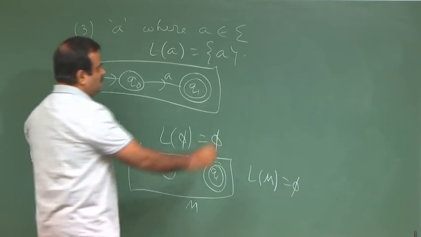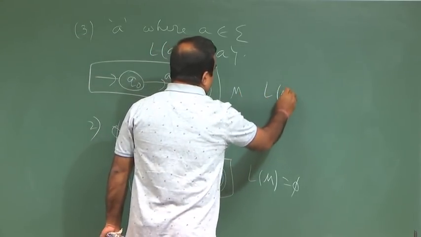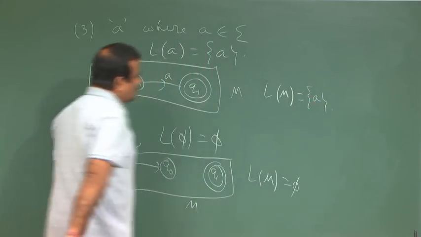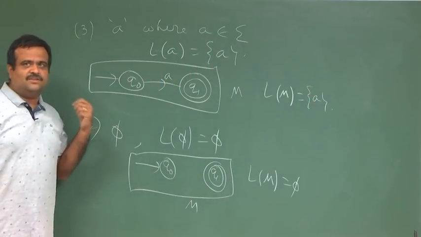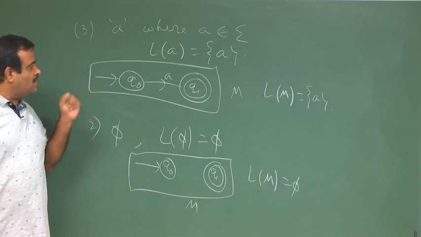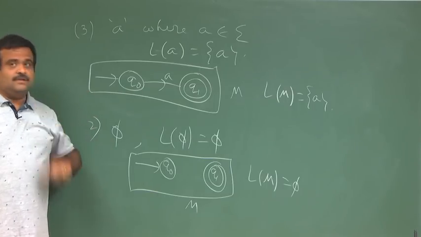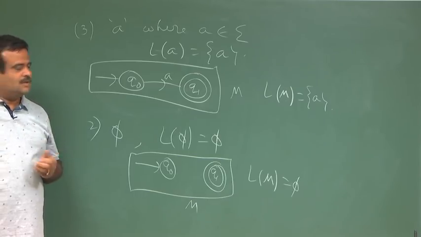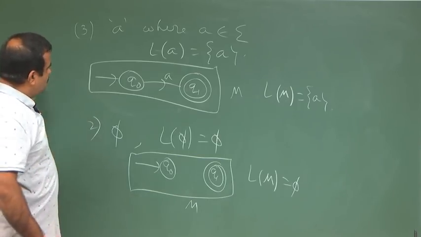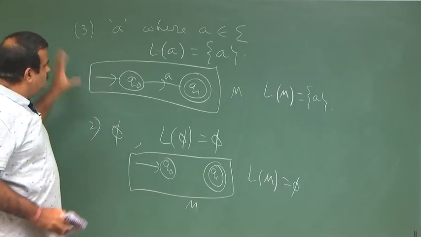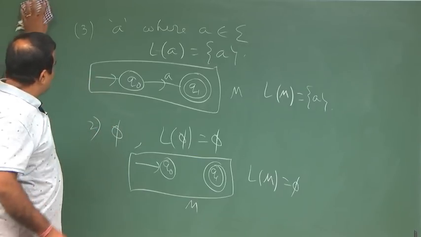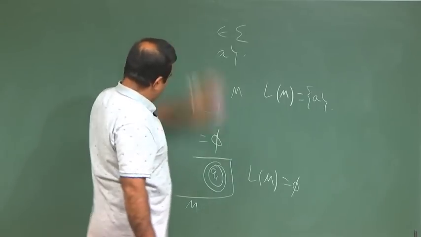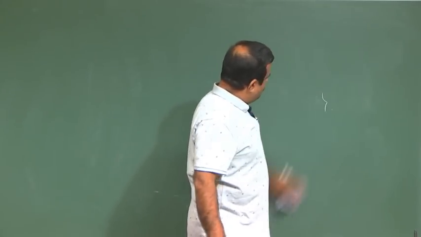This is our M, so L of M is A. So the statement is true for the base case, where the number of operators is 0. Okay. These are all the base epsilon NFAs. Now, the inductive step.